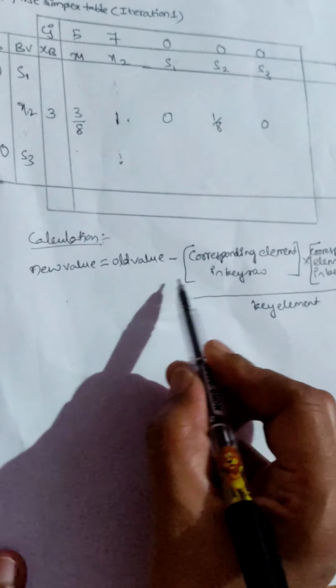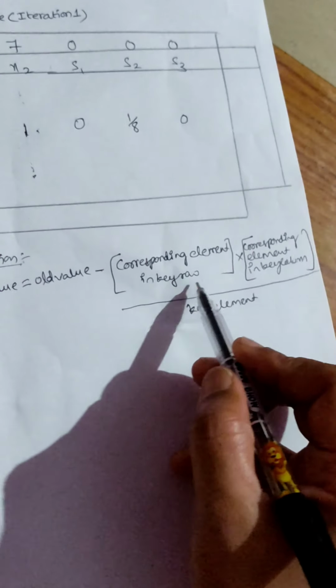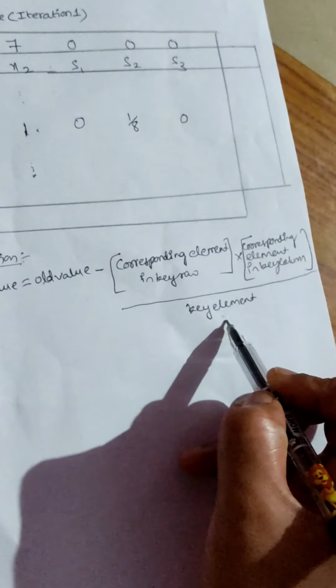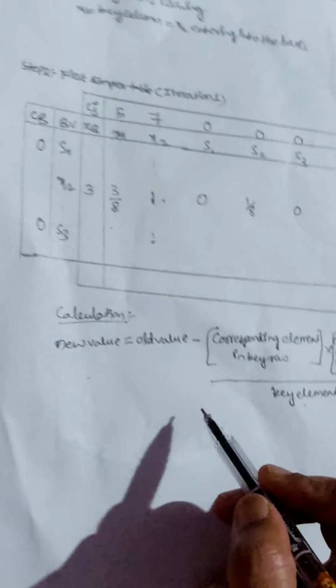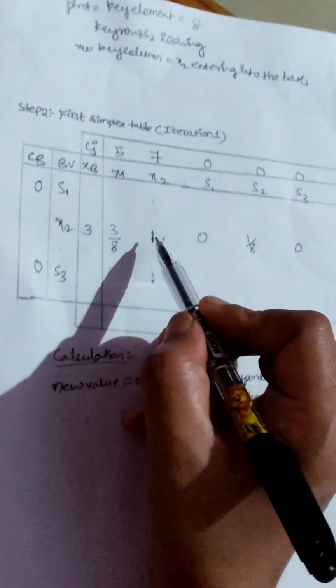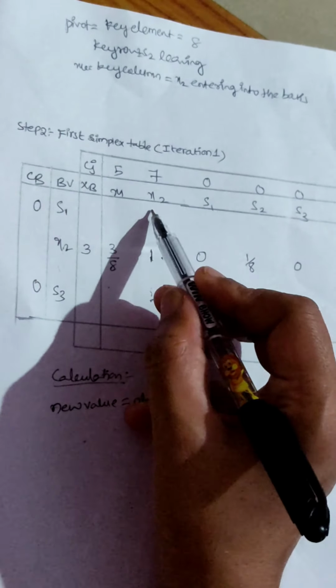New value equals old value minus corresponding element in key row into corresponding element in key column by key element. This formula will be used for converting the remaining elements to 0, 0.